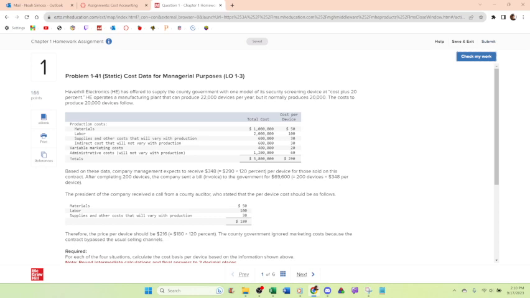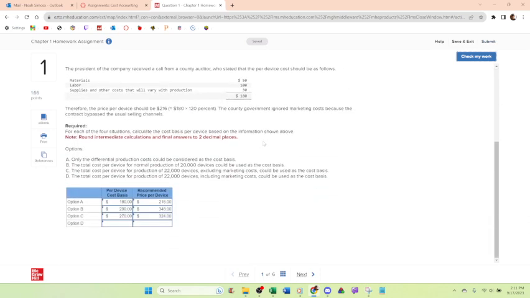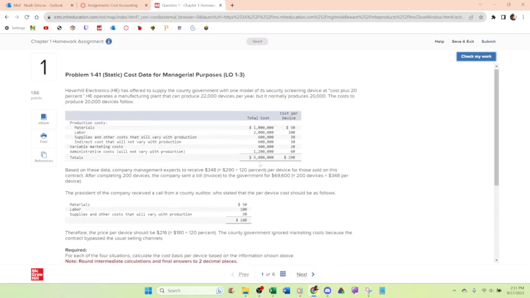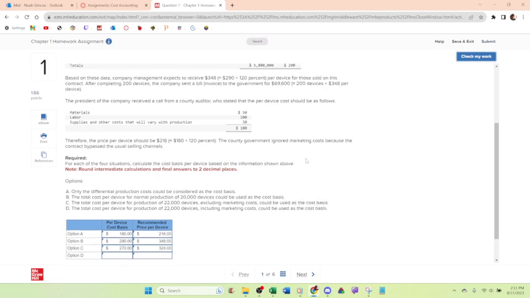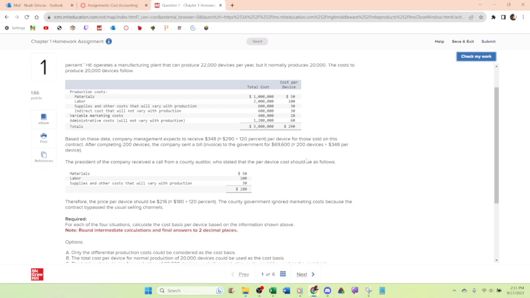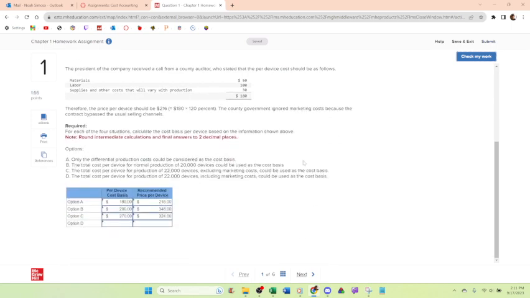Because 50 times 20,000 is a million. Yes, the total cost will go up. The cost per device will not go up. The way the question is worded, the cost per device doesn't change. This is stupid.